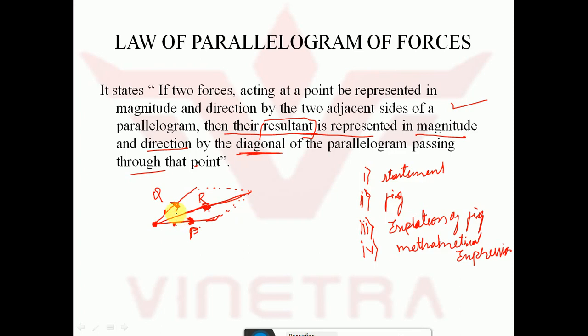If two forces are acting at a point, to find out the resultant of these two forces, we require this law of parallelogram. So you already know the statement. Now we are done with the statement part. Now let us go for figures.